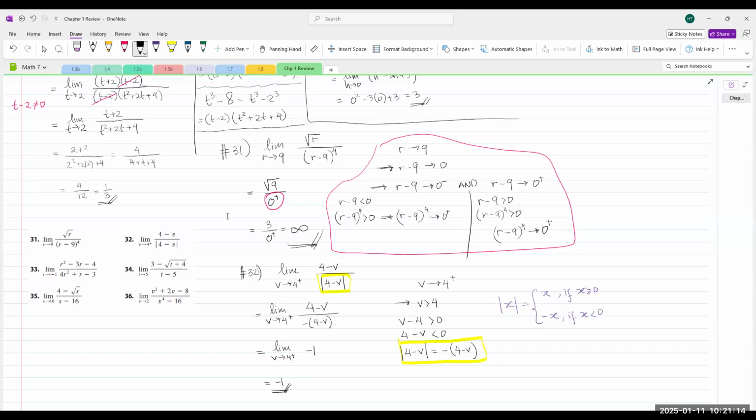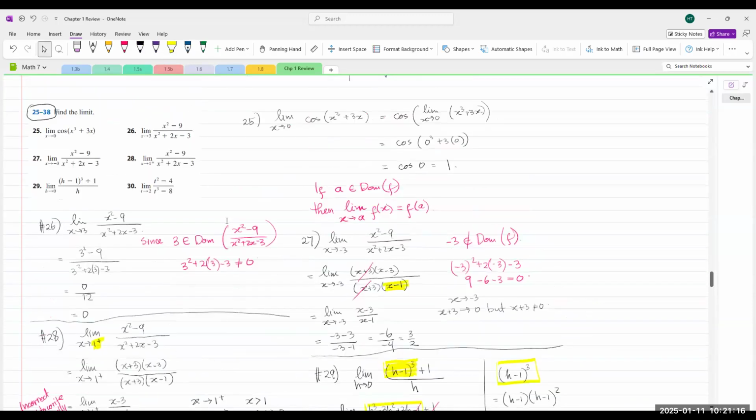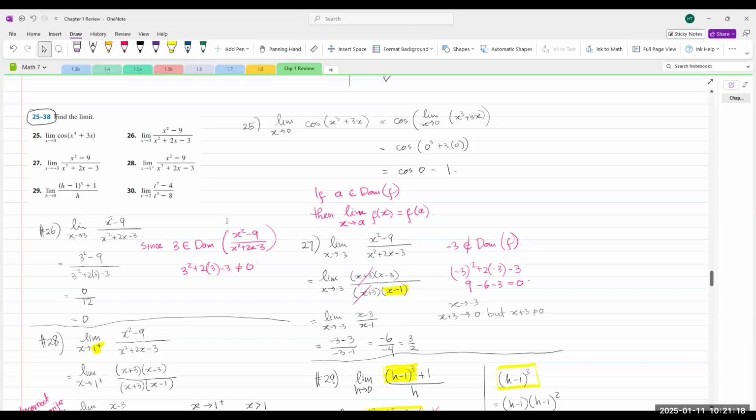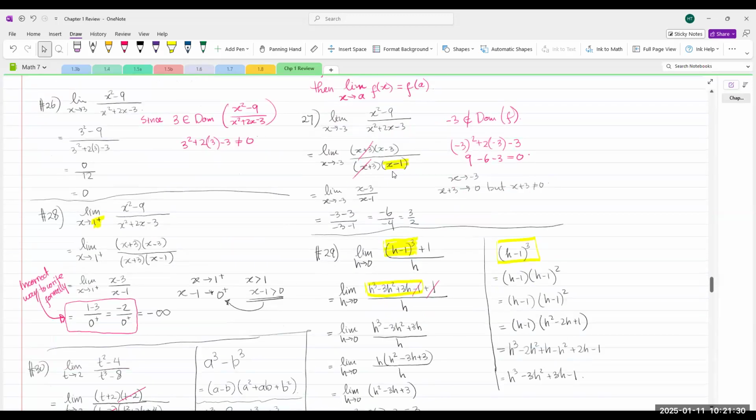Okay, so at this point, let me step back a little bit. Let's see how we did this. If the number we are approaching is in the domain, like number 25 and 26, we can just plug it in. If not in the domain, then we try to simplify and do cancellation until the simplified version contains the number, in this case for number 27.